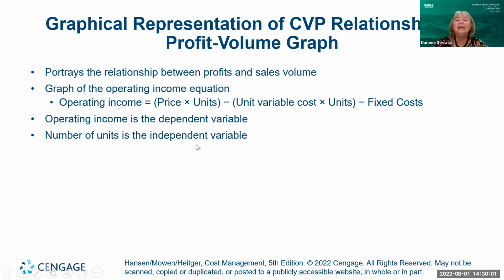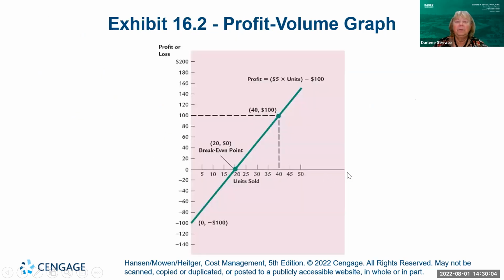Units, our Q, is the independent variable. So here is our profit line. When we cross the x-axis, that is your break-even point. Zero profit. That's how many units you must sell to have no profit. After this, each unit contributes toward covering the fixed cost and providing a profit.